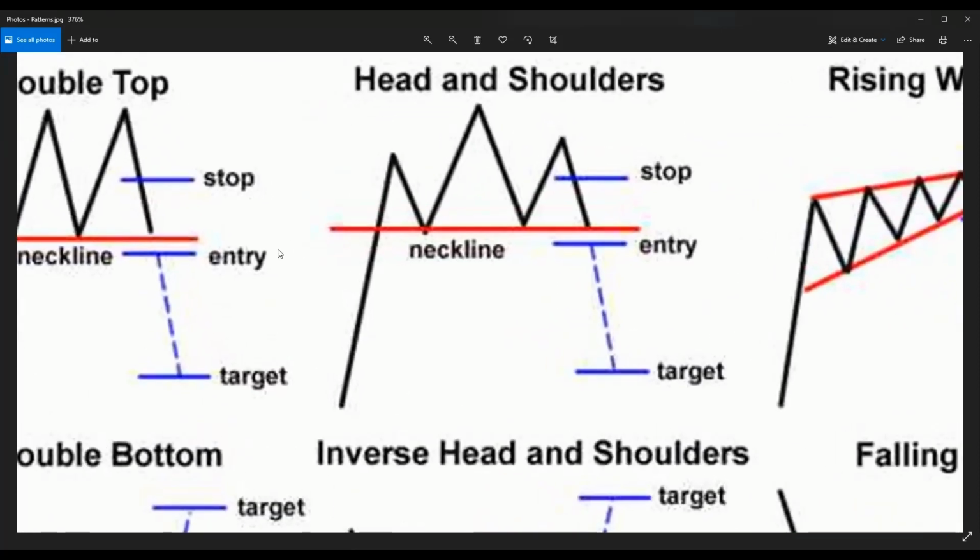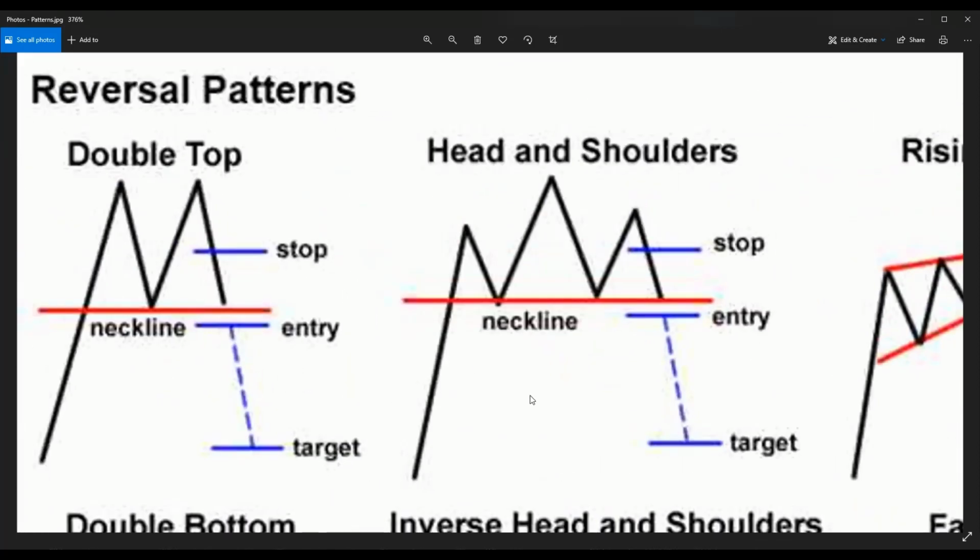Some of them are bearish, some of them are bullish, and that's why it's important to know: is it trying to tell us that it's getting ready to go up, or is it getting ready to go down? So the double top right here on the far left is also a very common pattern.